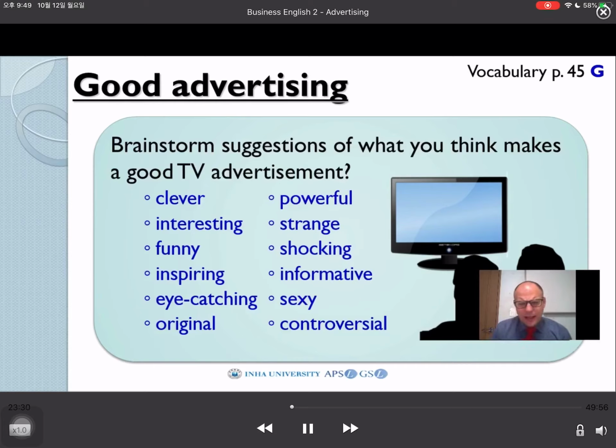Shocking. Yeah, I remember one from England. It shocked me. It was about texting while you drive. And it was don't text while you drive. It started with a group of girls going to a party, and the driver's texting a friend while she drives, and then bang, the advertisement just changes and they have a car crash.